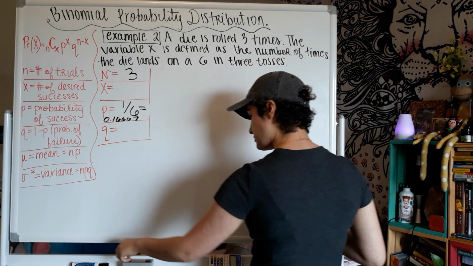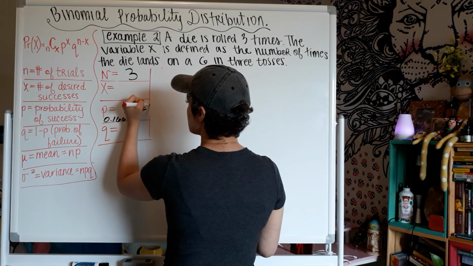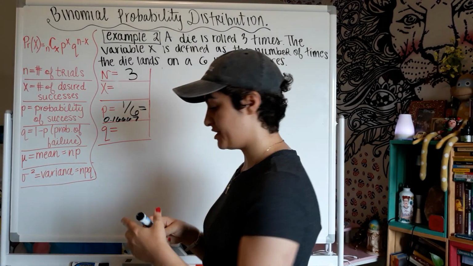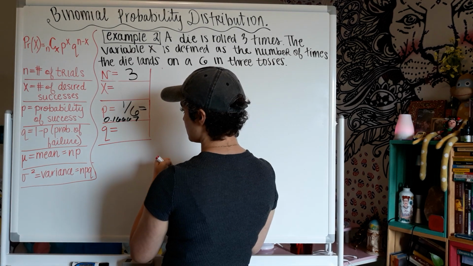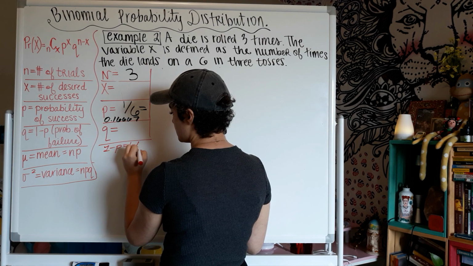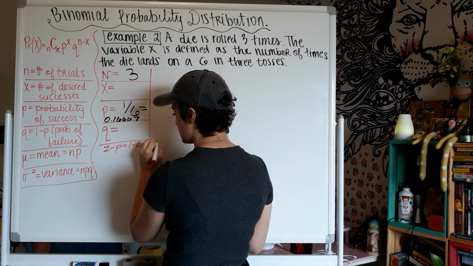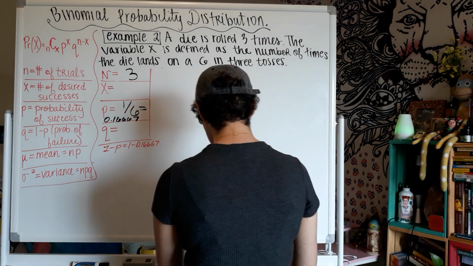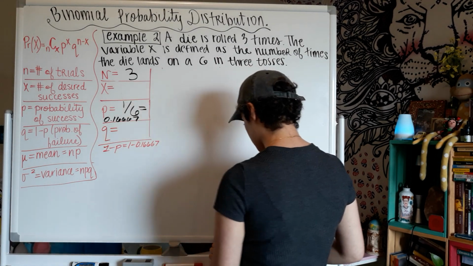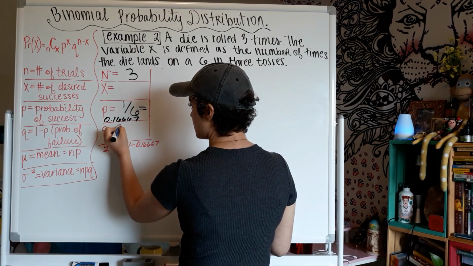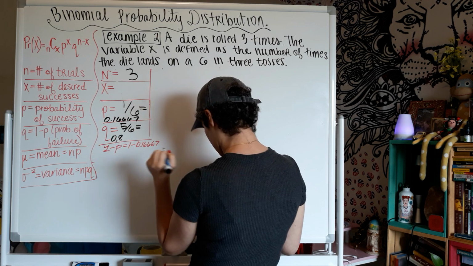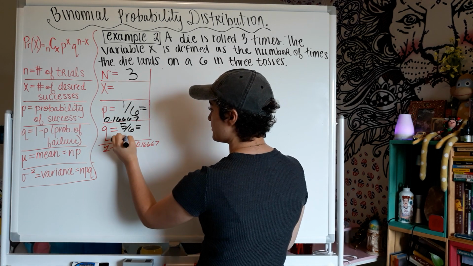And then Q would be 1 minus P. So 1 minus P, which is 1 minus 0.16667. So 5 divided by 6, 0.8333, just repeating 3.